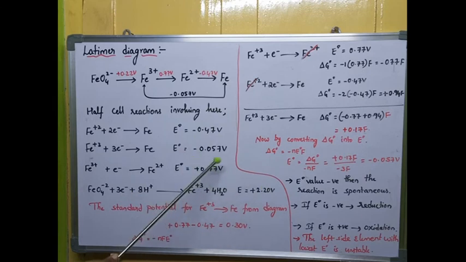This acts as a good reducing agent. According to this Latimer diagram, the element present on the left side of the series with the lowest E0 is unstable. So this is about the Latimer diagram.